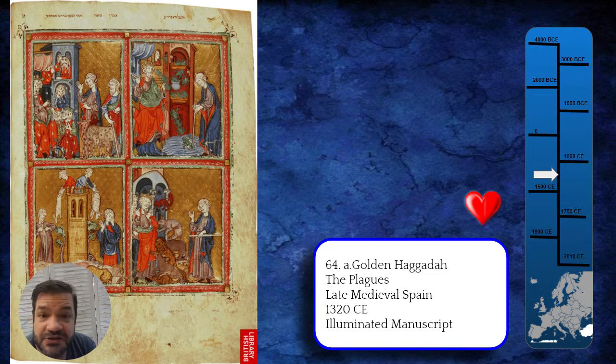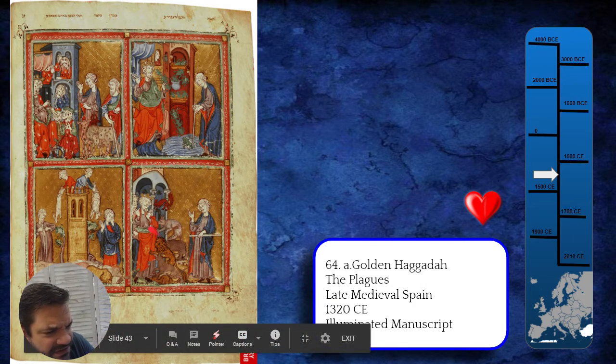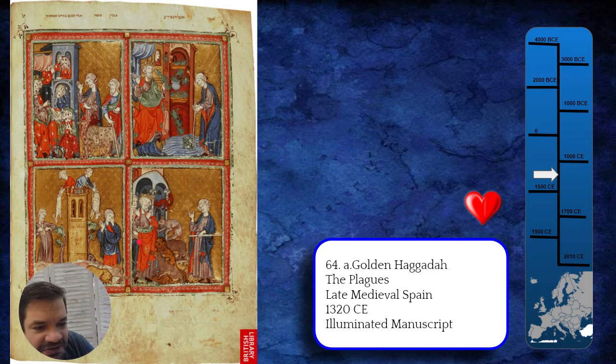So there are 3 pictures associated with the Golden Haggadah that AP wants you to see. There's this page, which is the plagues. So you have death of livestock, you have frogs, you have lice that descend, and I'm not sure. This one is supposed to be the king of Egypt, this guy sitting down, and he looks more like the king of France than the king of Egypt, but there we are.